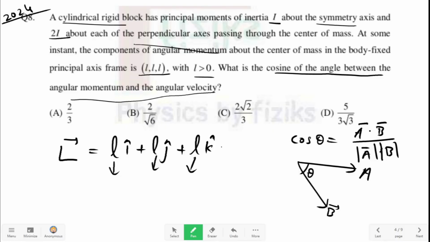Therefore, cos theta for the angle between angular momentum and angular velocity is equal to L dot omega, where omega is the angular velocity, divided by magnitude of angular momentum times magnitude of angular velocity.